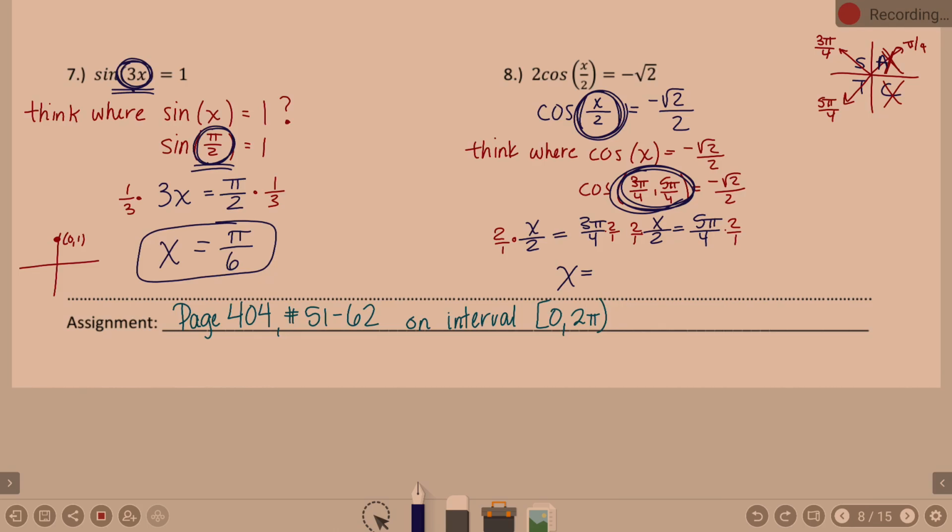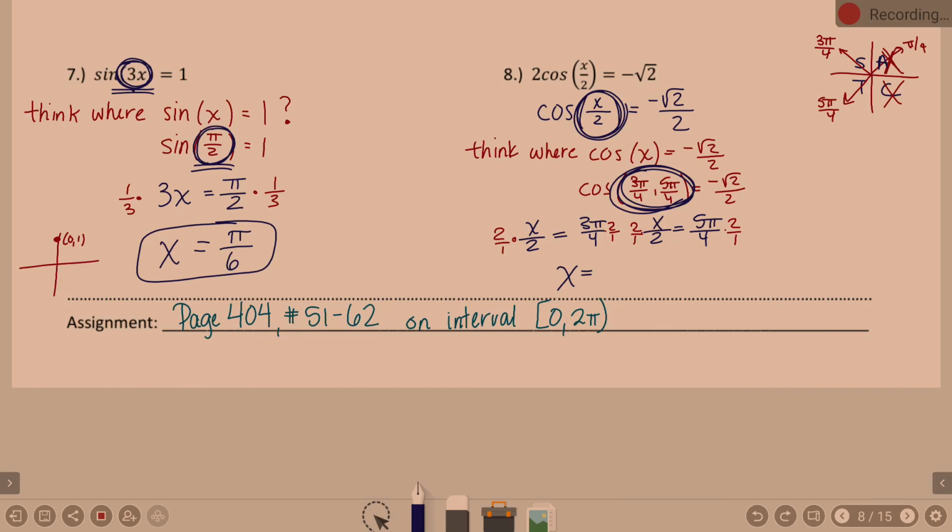3 pi over 2. 10 pi over 4, 6 pi over 4. Do you want them? Because you could simplify. Reduce if you can, yes. So if we multiply 3 pi over 4 times 2 over 1, that is 6 pi over 4.